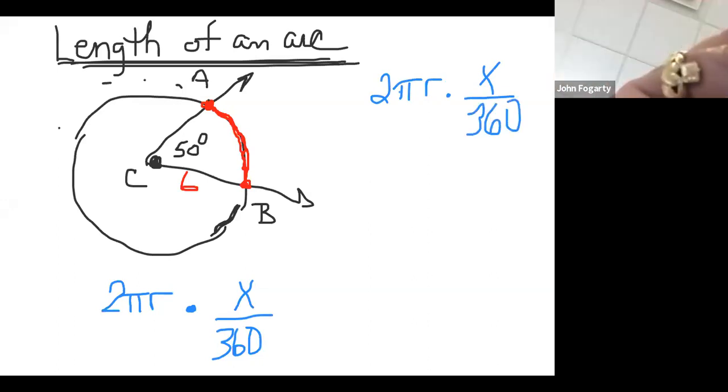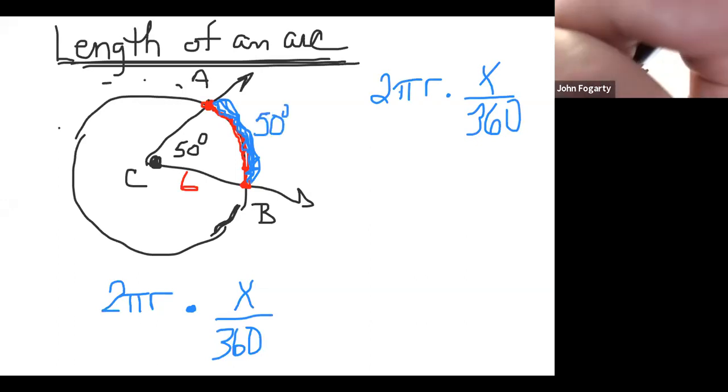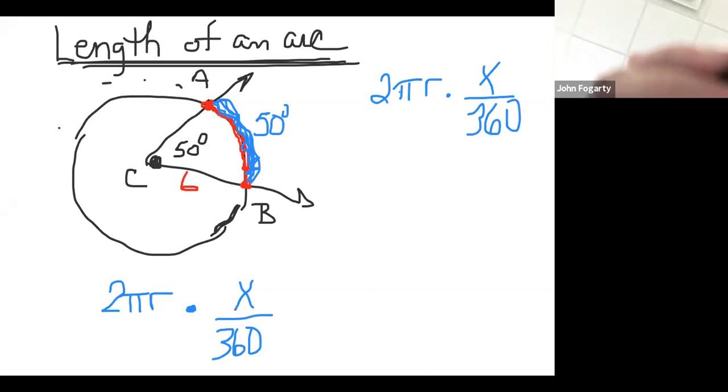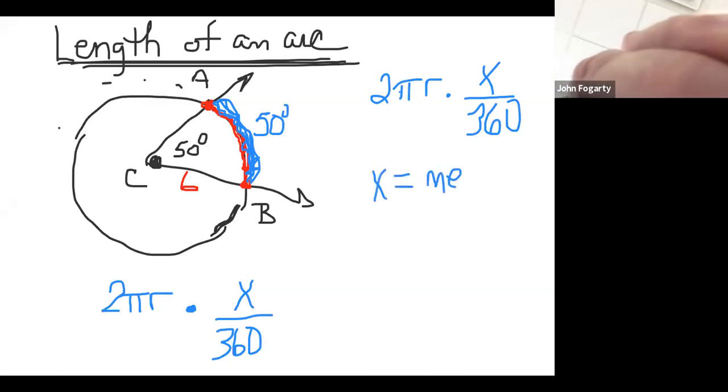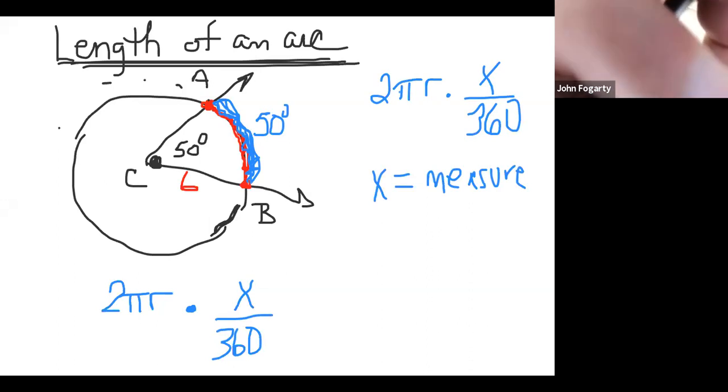Remember, we're trying to find AB. Well, what's the measure of AB? 50 degrees, right? Out of 360, so x equals the measure of the arc. So I just substitute in here with 50, right?